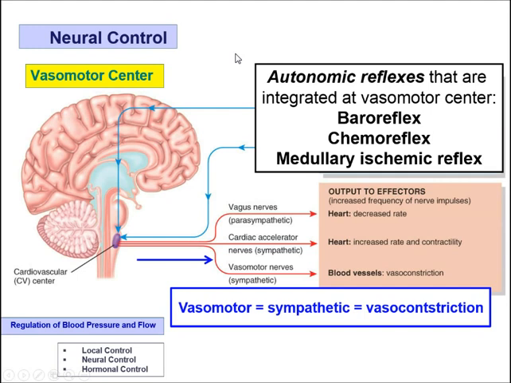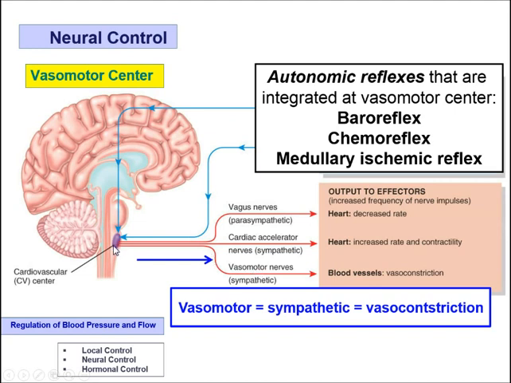Okay, so let's take a look at neural control. When we're talking about neural control, this picture should look very familiar to you. I've brought it up several times, but we're going to continue to look at the cardiovascular center. But this time you can see that I've exposed an additional set of nerves here that are on their way to blood vessels, and these nerves are called vasomotor nerves.